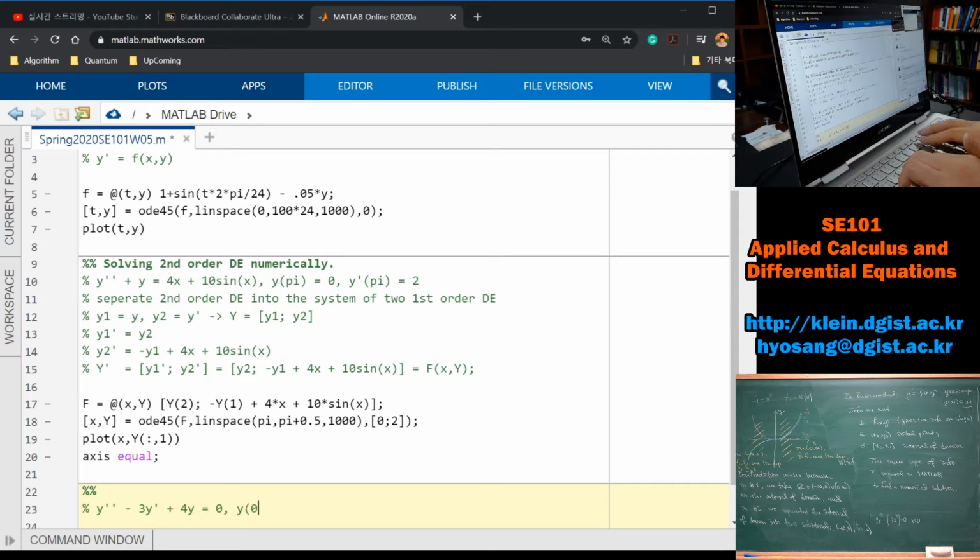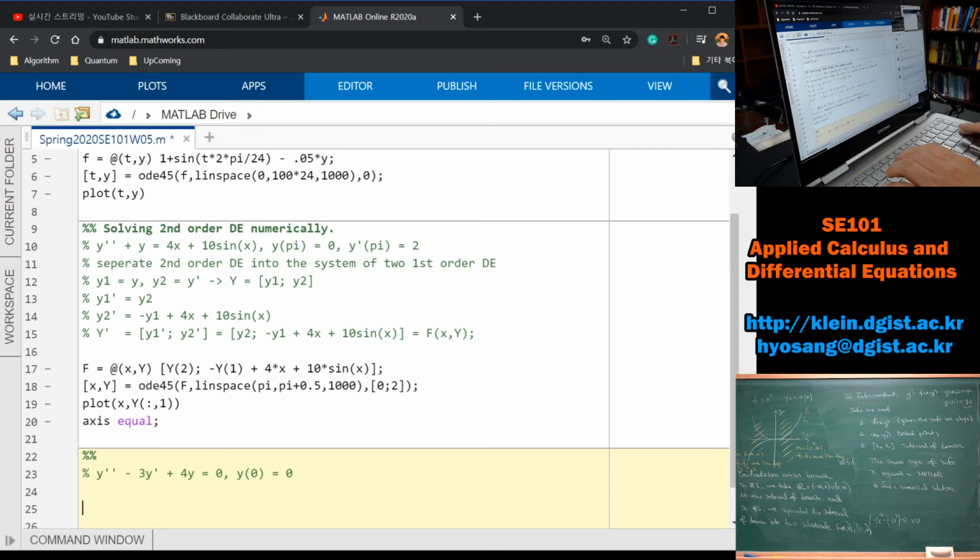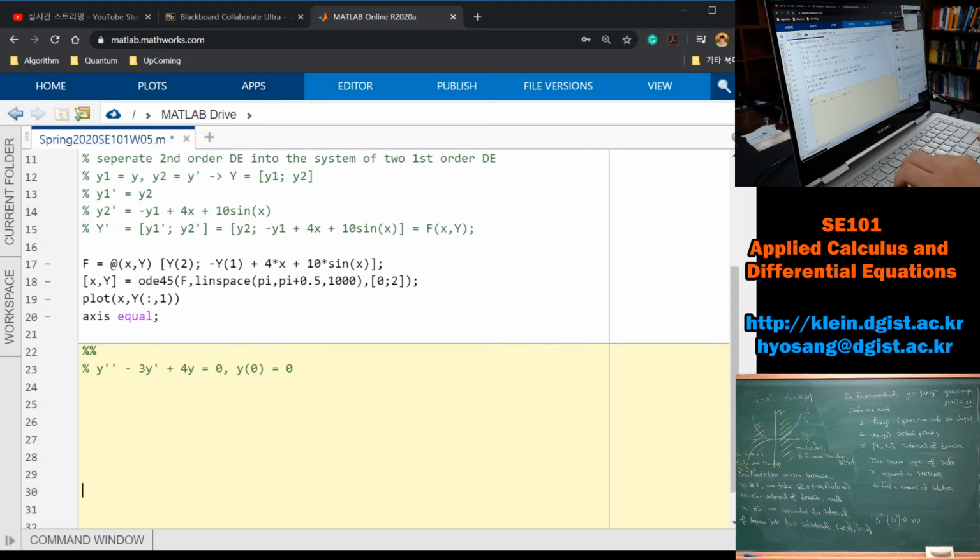This example doesn't contain an initial value condition, so we have a simple initial value condition that y(0) equals 0. And let's say I want to find what is y(1).